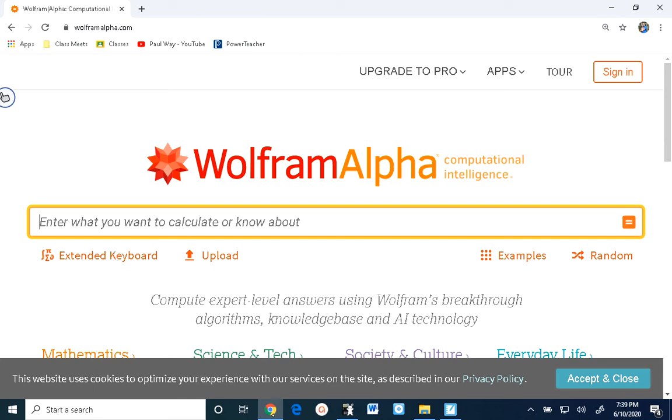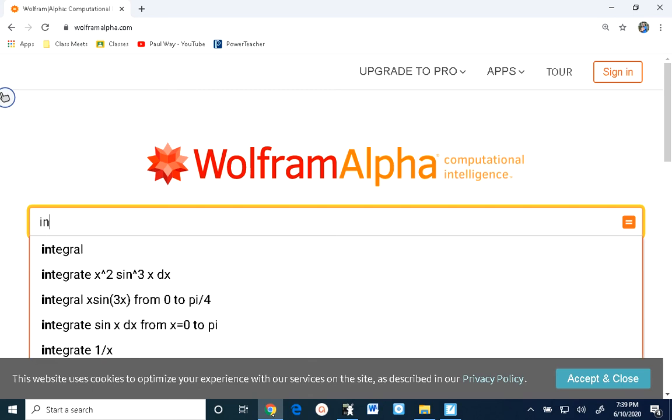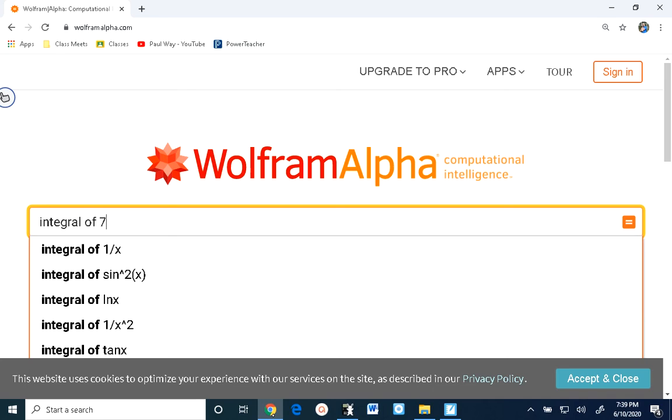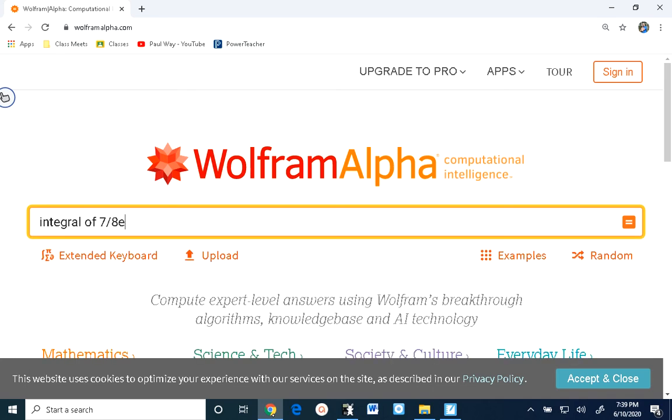Now what I could do is just enter the integrand and then go hunting for the antiderivative of it, but Wolfram will allow me to say integral of, and then I can type in my function. I don't know how many brackets I need here, so I'm hoping that it's intelligent enough to know what it is I'm talking about.